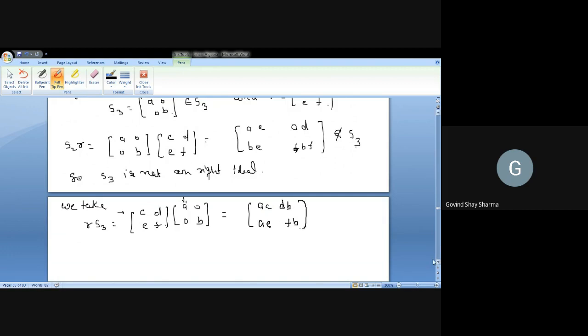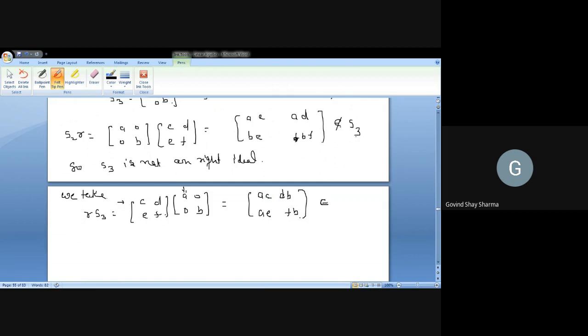So it's not an element of S. So we can say RS3 is not an element of S, because the S3 element is A 0 0 B. But this does not belong to S3. Only diagonal elements exist in S3.